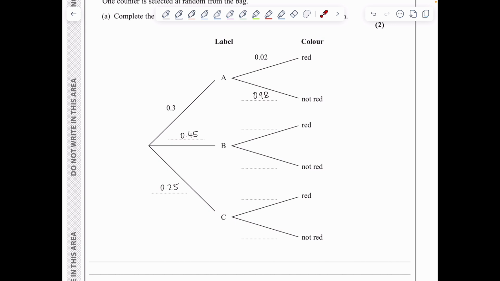Now the probability it's red, given that it was B, is 0.04, so the probability it's not red is 0.96. The probability it's red, given that it was C, is 0.06, and the probability it's not red is 0.94, which completes the tree diagram.